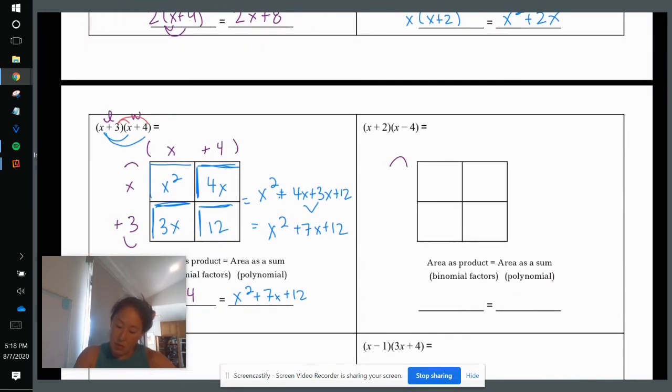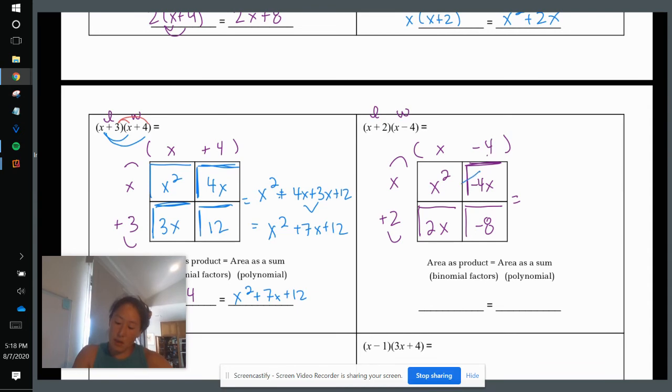We're going to do x plus 2 is the width, the height, or the length, and x minus 4. So I get x times x is x squared. Negative 4 times x is negative 4x. X times 2 is 2x, and negative 4 times 2 is negative 8. Add these together.